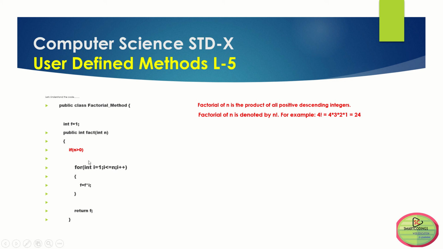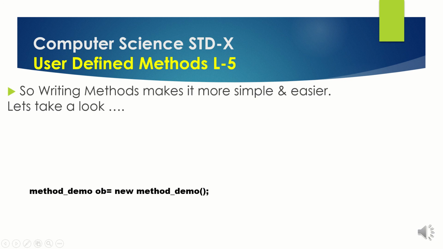Once the condition of the loop is false, it will come out of the for loop block and return f because the return type is integer here. This entire part, from the starting curly bracket to the ending curly bracket, is called a function block or a method body. Clear? Now let's move on to the next slide.